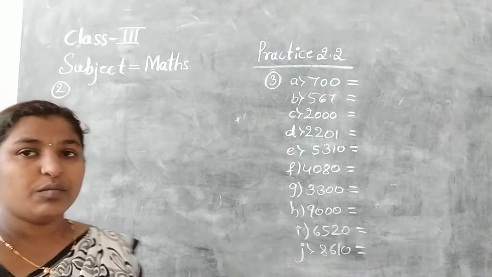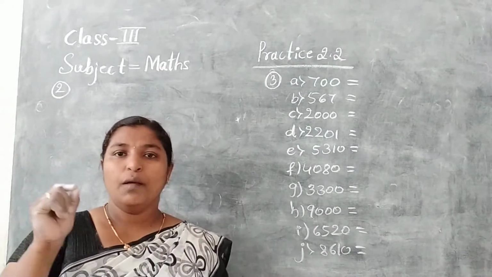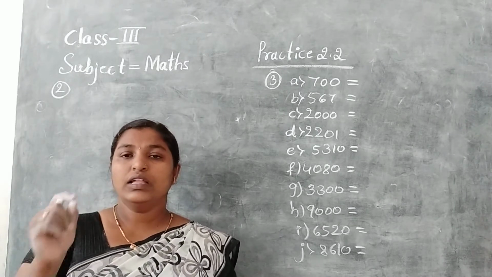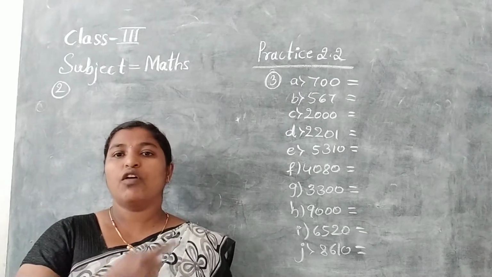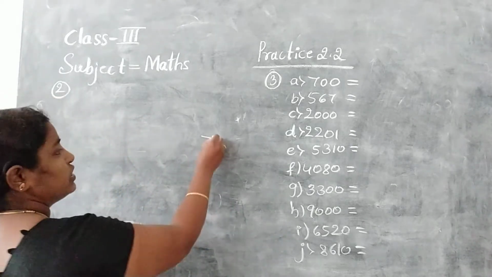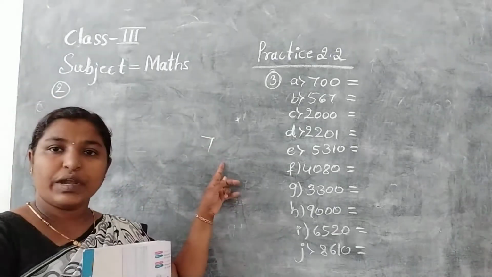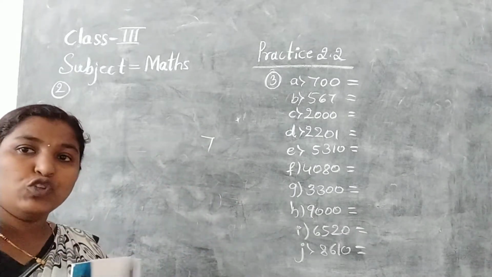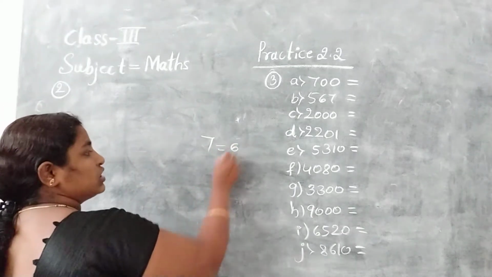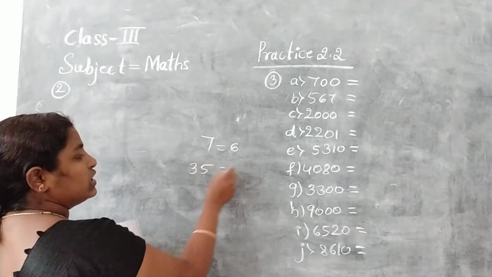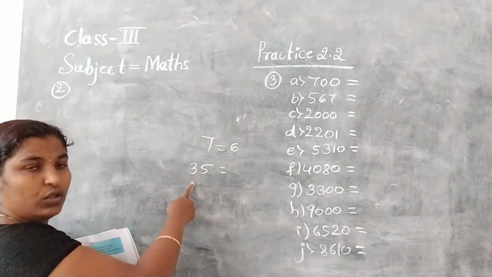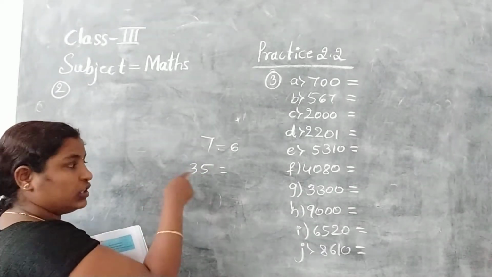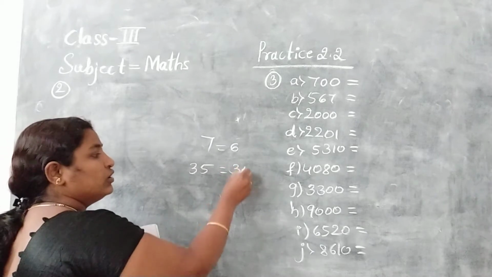So what does predecessor mean? Doing minus 1 to the given number, or writing just the number before the given number. Suppose they have given 7. What is the predecessor of 7? The number just before 7 is 6. For 35, predecessor: you do minus 1, or the number just before 35 is 34.